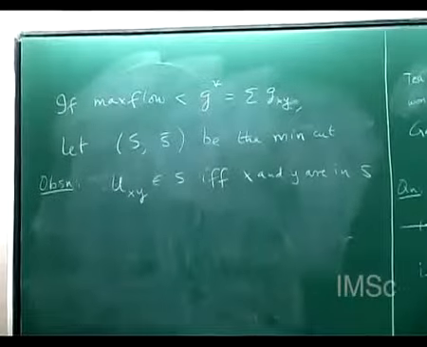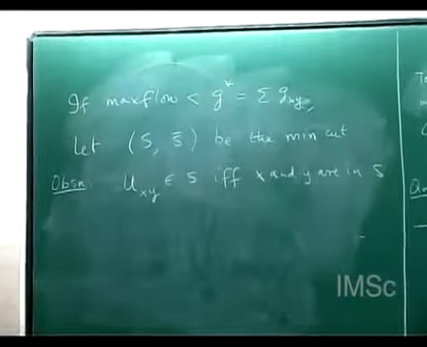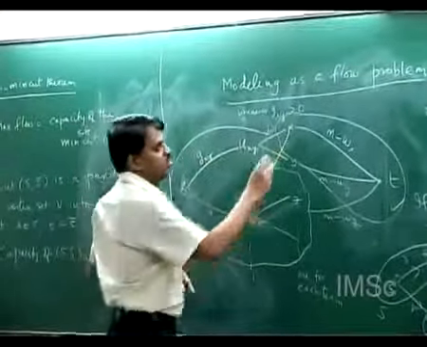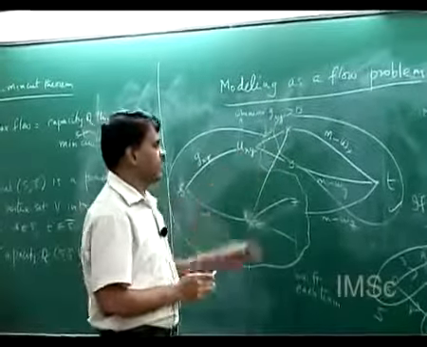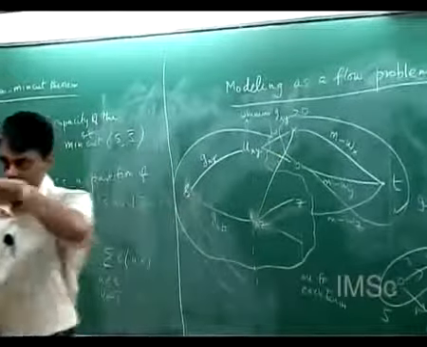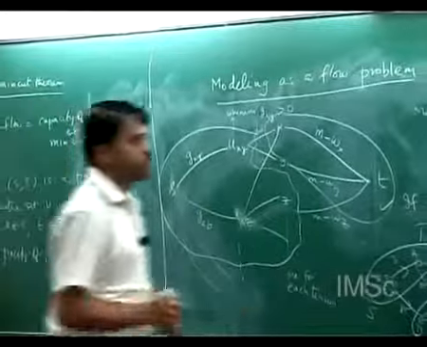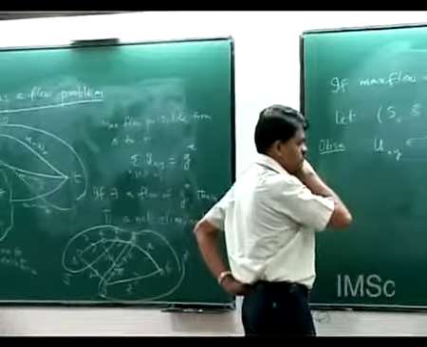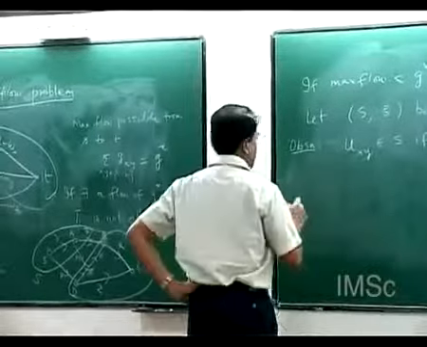So, this S contains some u x y vertices, some v x vertices, and so on. So, the vertices are of the two types. They are all like this kind of pairs. Okay, that is a claim.